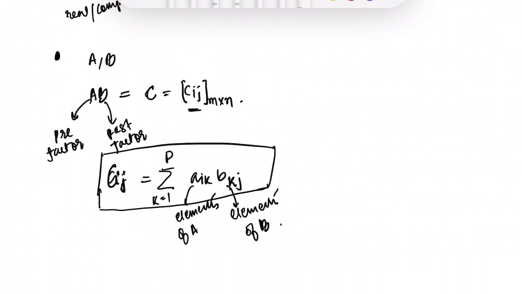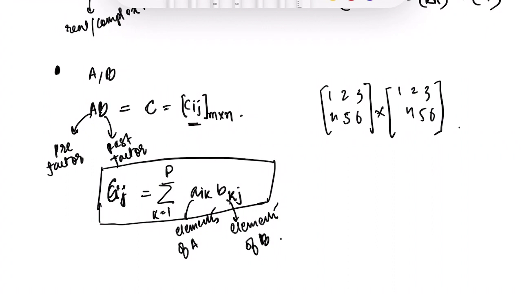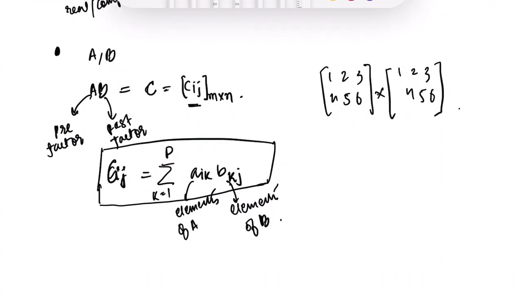So let's take an example. Let's say 1 2 3 4 5 6, multiplied by 1 2 3 4 5 6. So how you're going to do it is c i j, you're going to have this.